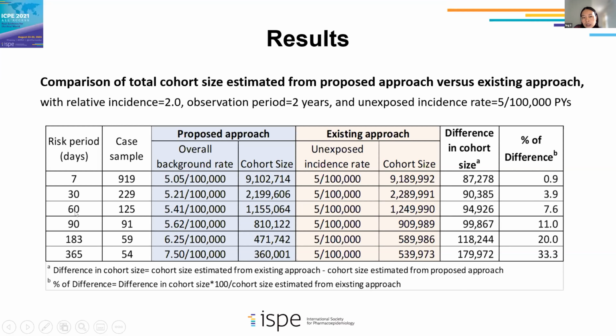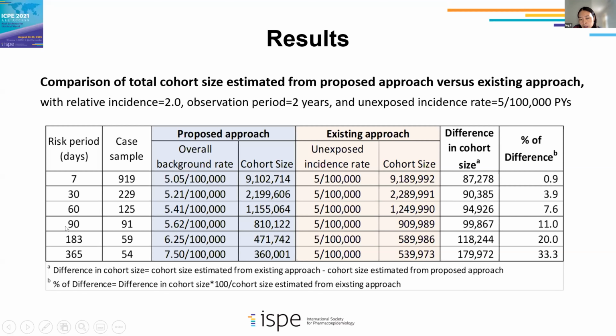When the risk period is 90 days, for example, and the case sample is 91, using the proposed approach, the required cohort size is around 0.81 million. Using the existing approach, it is around 0.91 million, with around 0.1 million patients less, which is around an 11% decrease in the cohort size.